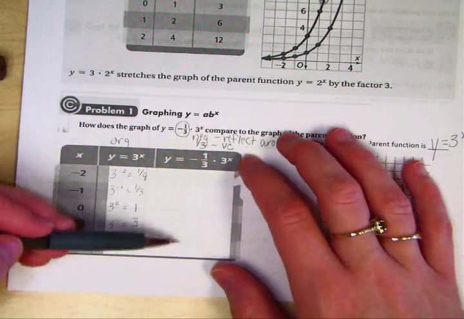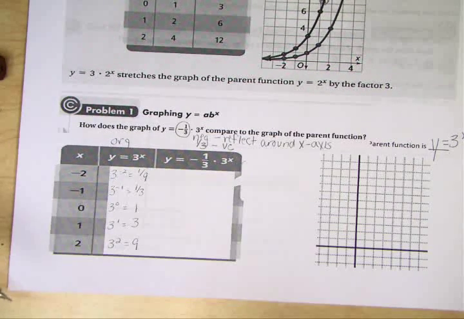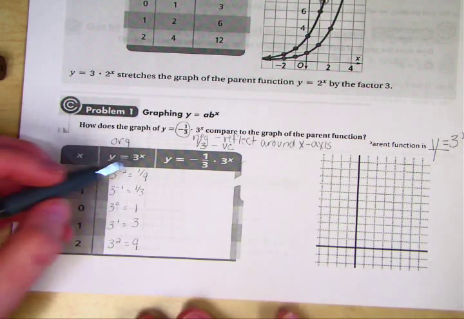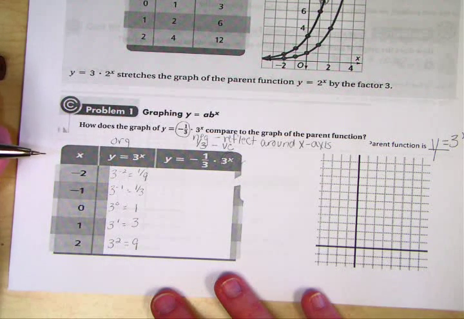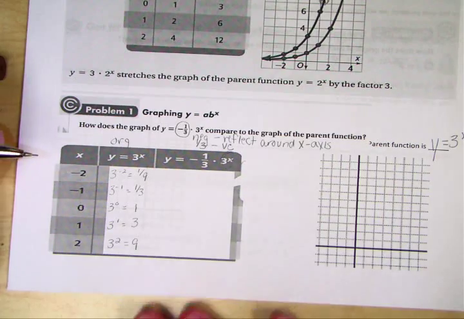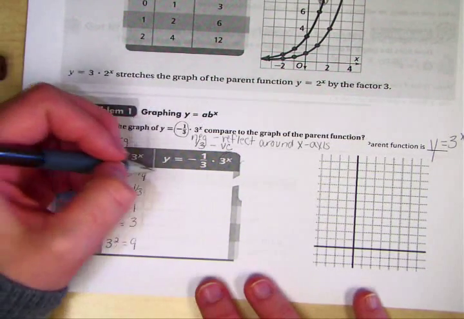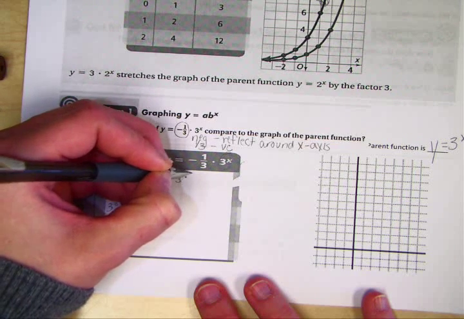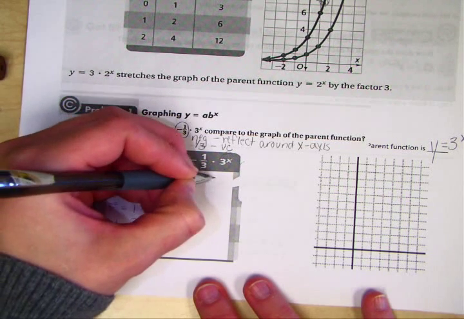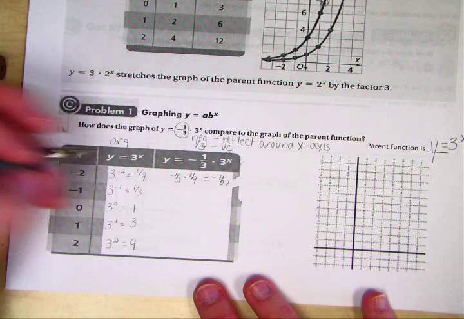Now all of these values are just going to be multiplied by a factor of negative 1/3. So if you take what we got for 3 to the x power, just multiply it by negative 1/3. Negative 1/3 times 1/9 gives negative 1/27.